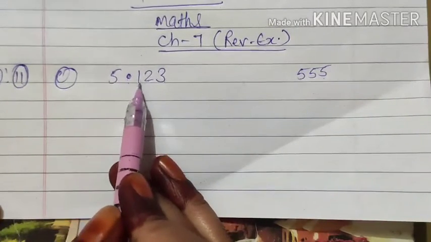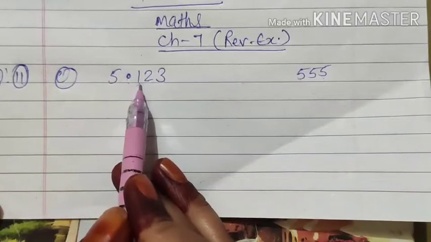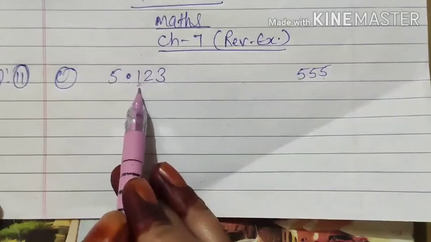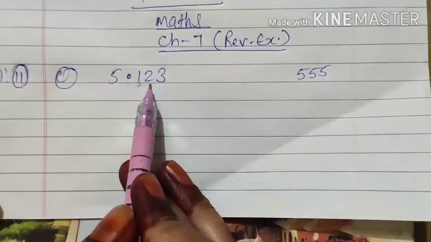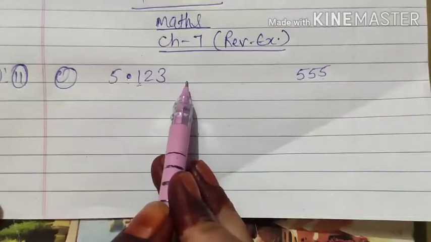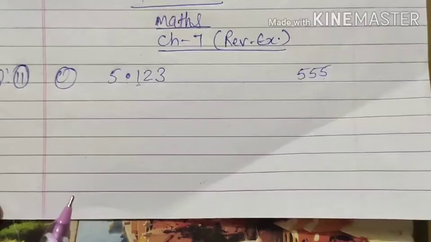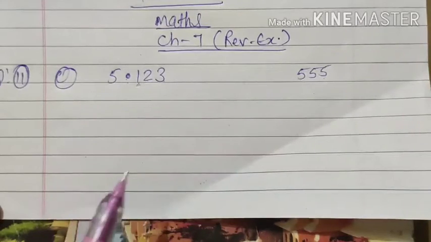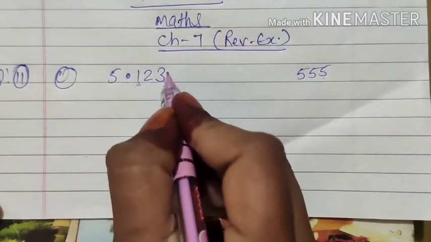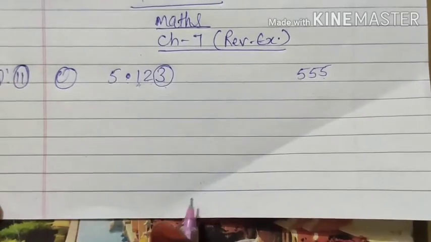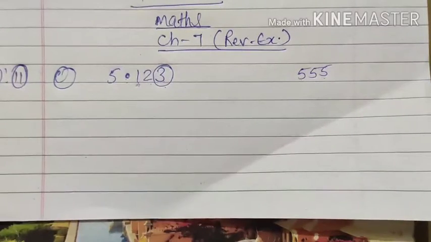That means just after the decimal, this is our ones. If it is tenths, then this one, then hundredths, if it is thousandths, then the next one. Likewise. So in question number 11, we have to round off nearest to hundreds. So ones, tens, hundreds. By looking at this number, we have to round off the number.